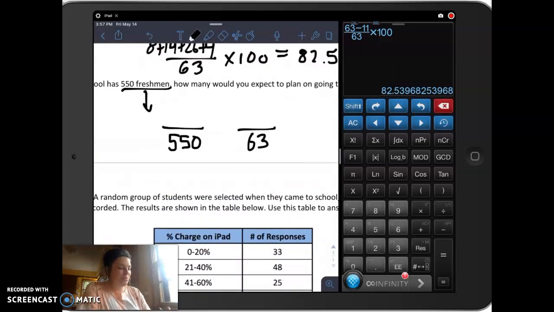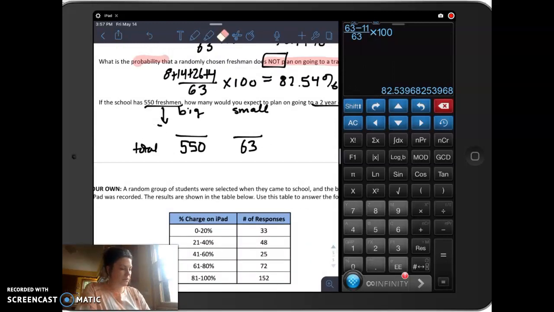So if you guys remember from the song, find the 2 bigs and the 2 smalls. Maybe you don't remember that, that's okay. But this is going to be the big, and this is going to be the small, and this is going to be our total, and this is going to be the amount that the question is about. Okay, so maybe I'll use a question mark there.